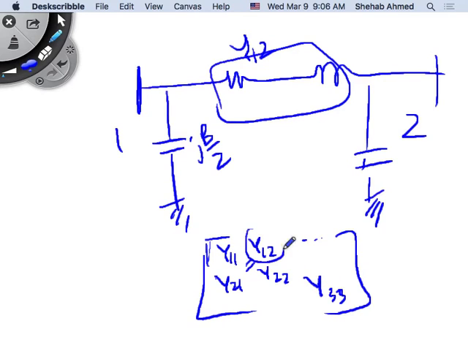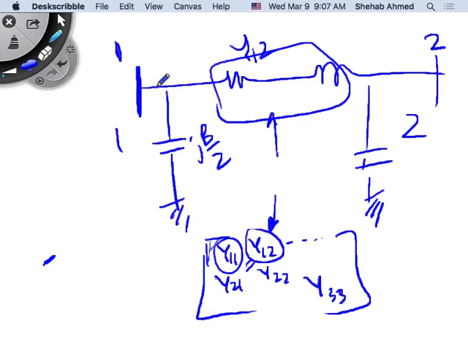So Y12, if this is bus 1 and bus 2, Y12 is equal to what? The negative of all the admittances connected between bus 1 and bus 2. So bus 1 and bus 2 have what between them? This one. So it's the negative of this that you plug in here. Right? How about Y11? Y11 is equal to the sum of all admittances connected to bus 1.